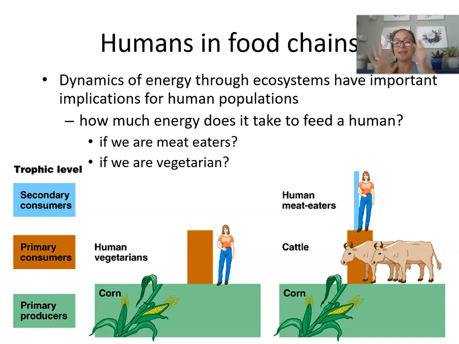I read a study once that showed the amount of land that it took to make a serving of beef. I don't know the size of the hamburger, if it was a steak. It was maybe 6 or 7 years ago. But for that one meal of meat, it was a corn-fed cow, not a grass-fed cow, all of the land that it took to raise that corn to feed the cow, to have the cow eat enough calories as well as grow up enough to get to an age where it could be slaughtered for the meat, and all of the water that went into raising those crops, for one meal, it took 16 acres.